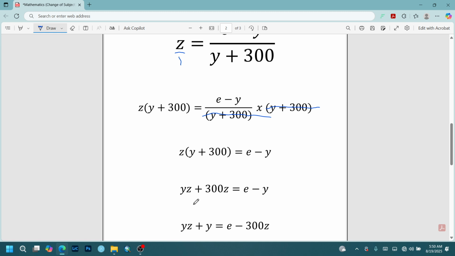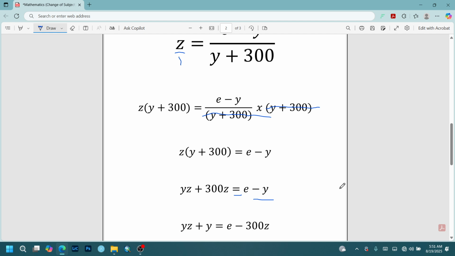Based on our given equation, the terms with y are two different sets of variables, which are yz and negative y. So we maintain yz and migrate negative y across the equal to sign to the other half of the equation. This negative y is a negative number. Whenever a number crosses the equal to sign, it changes its form.